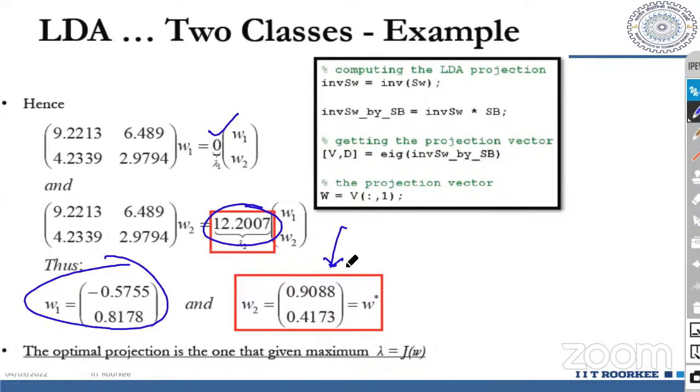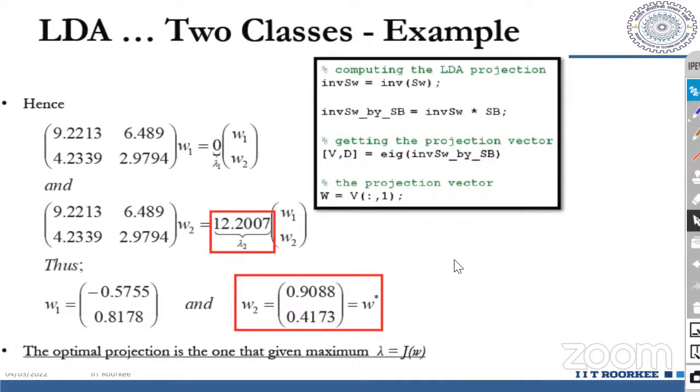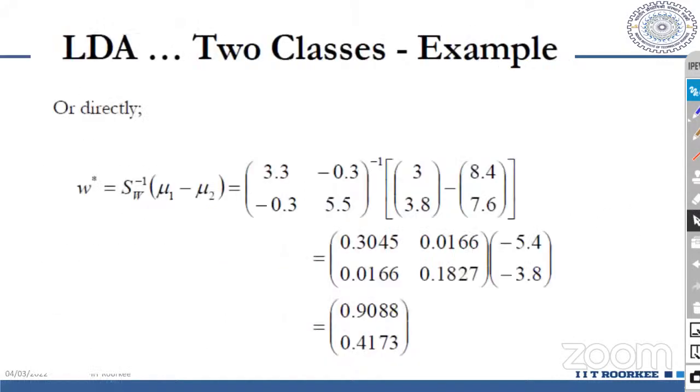So now you can see the usage of these: one is a smaller eigenvalue and another is the largest eigenvalue. For the largest eigenvalue, you can directly compute the eigenvector, which is 0.91 and 0.41.